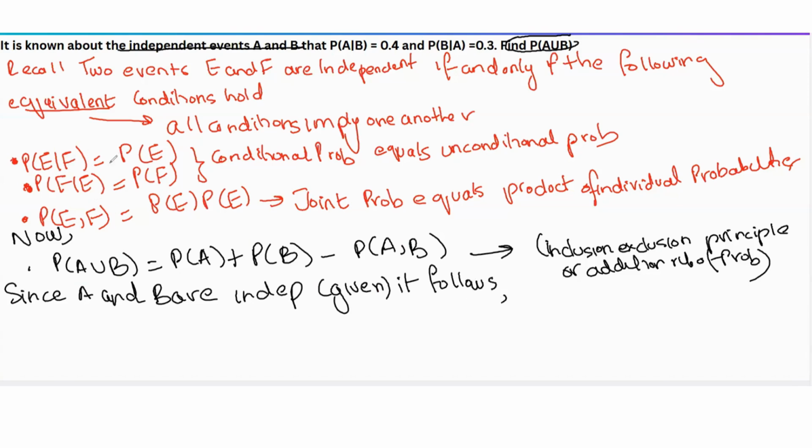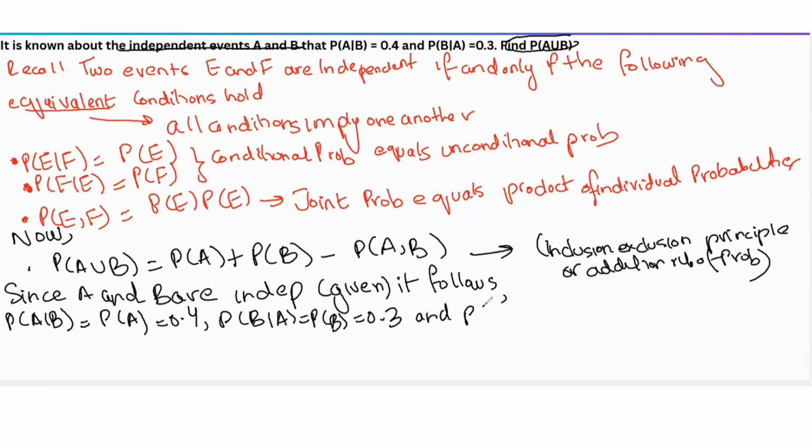We know when two events are independent, the conditional probability equals the unconditional probability. It follows that probability of A given B, since A is independent of B, is equal to probability of A, which is 0.4. And probability of B given A is equal to probability of B, which is 0.3.